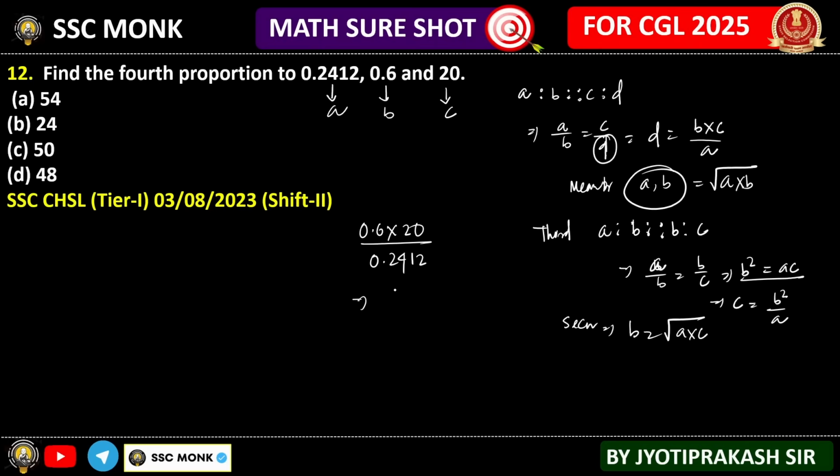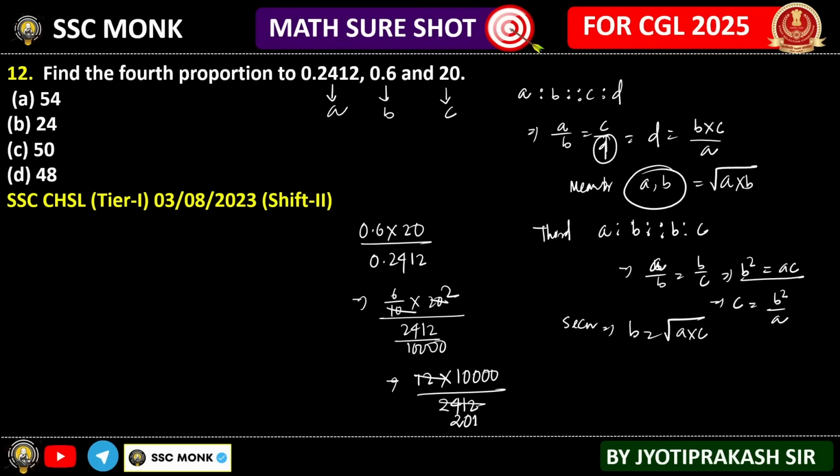This can be written as 6 by 10 into 20 divided by 2412 divided by 10,000, because 4 zeros are there. 10 twos are 20, 6 twos are 12. So I can write 12 into 1 2 3 4 divided by 2412. 12 twos are 24. Clear?